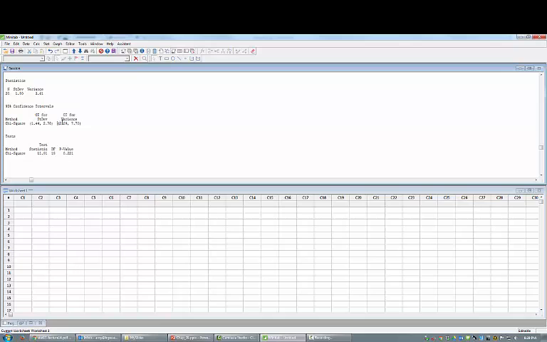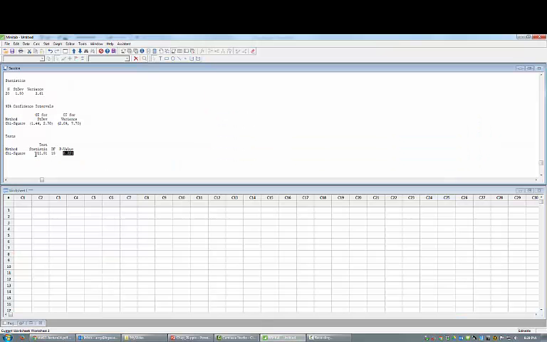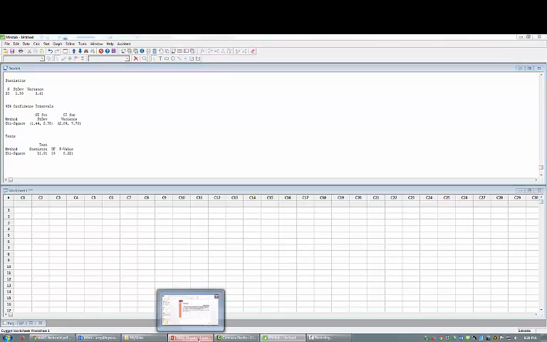You have your confidence interval, and it tells you what method, which is chi-squared, and it tells you the p-value, 0.22. If we go back and look at our answers, we got 0.22. And the chi-squared value is 11.91, just like Minitab says. So you can, in fact, do this in Minitab.